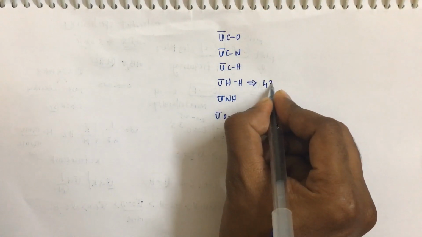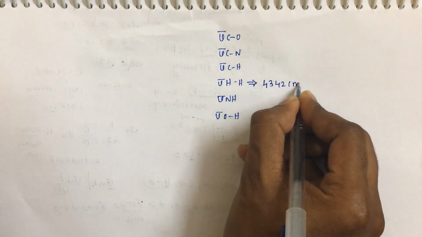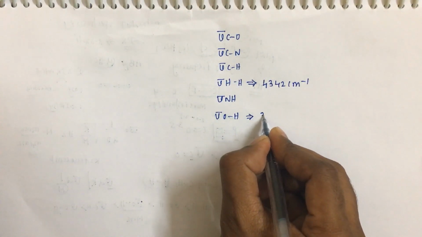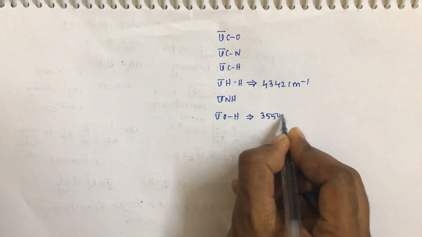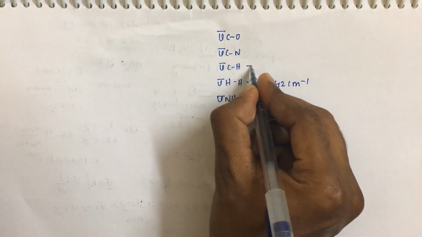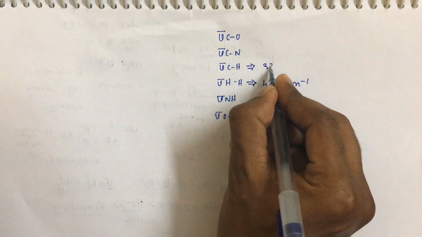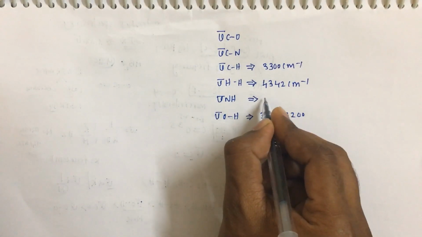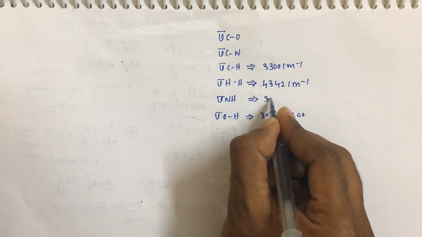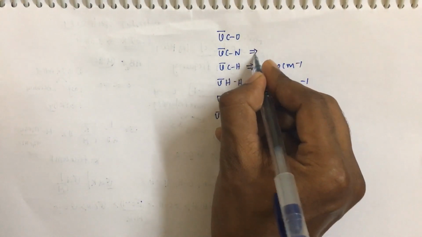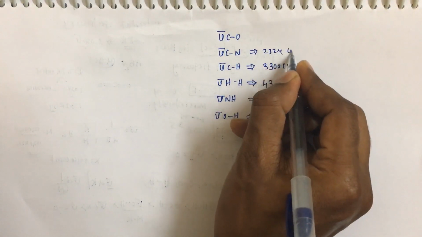This comes around 4342 centimeter inverse, and for OH the strong band comes at 3350 to 3200, then the next is around 3300, that is CH, and NH comes around 3000 to 2800, and this one comes around 2324 centimeter inverse.